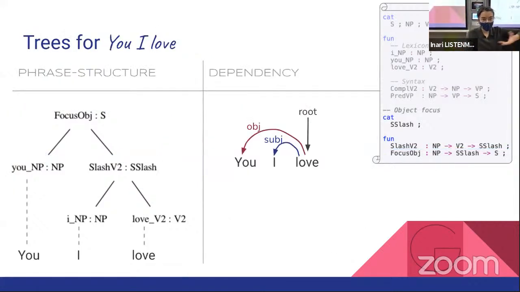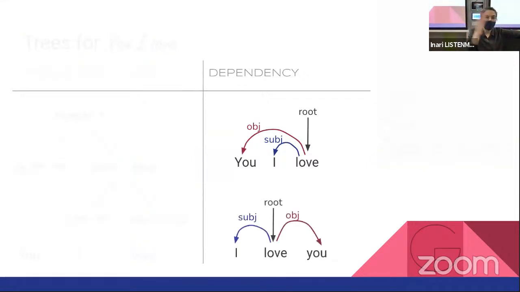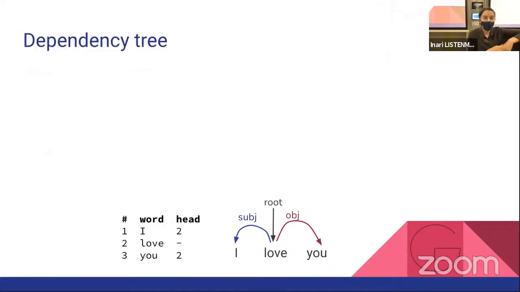But the dependency tree, if we look at "you I love" and compare it to "I love you", actually didn't change at all, even though the word order changed. It's still the same tree, just with the words in a different order. This is how dependency trees are usually represented, in text instead of pictures.